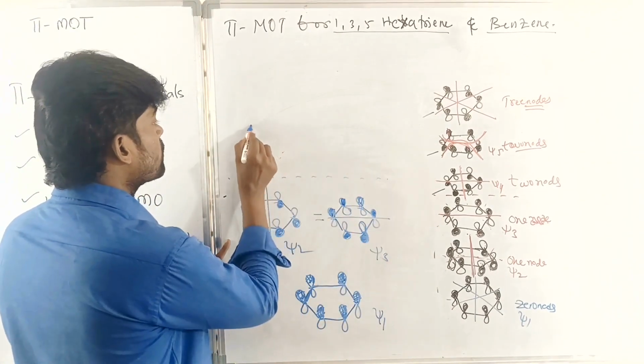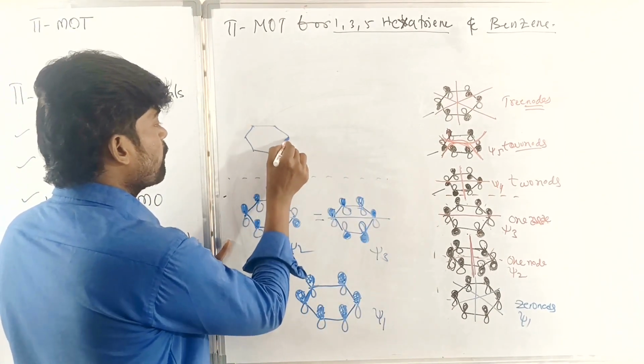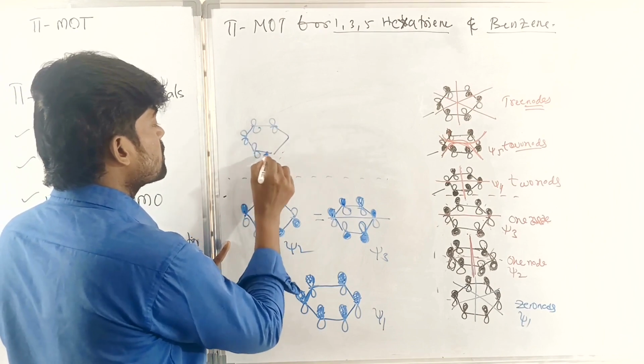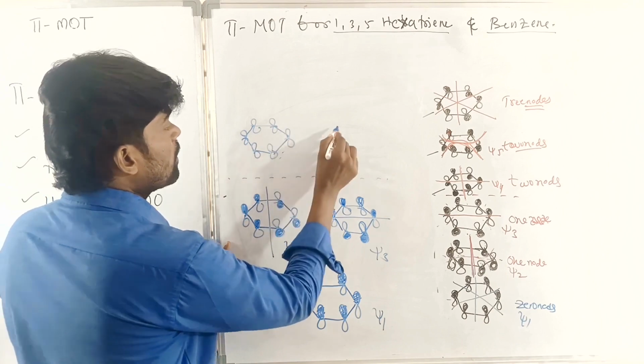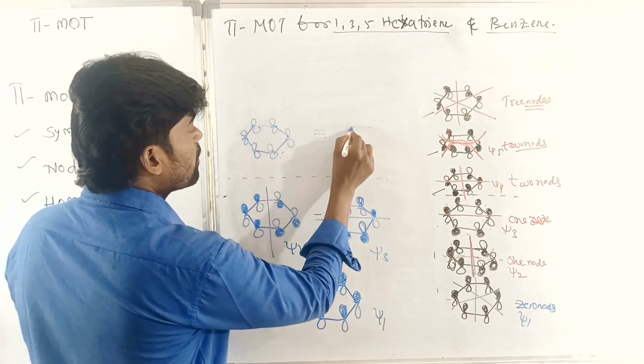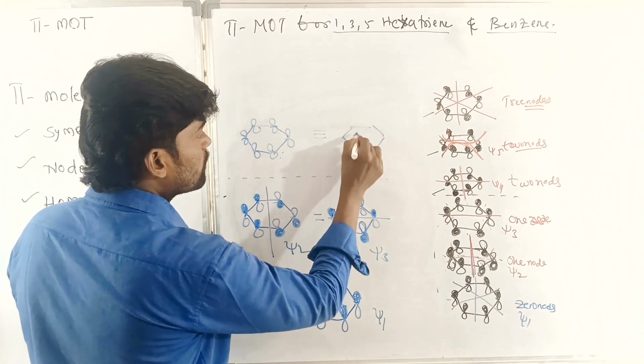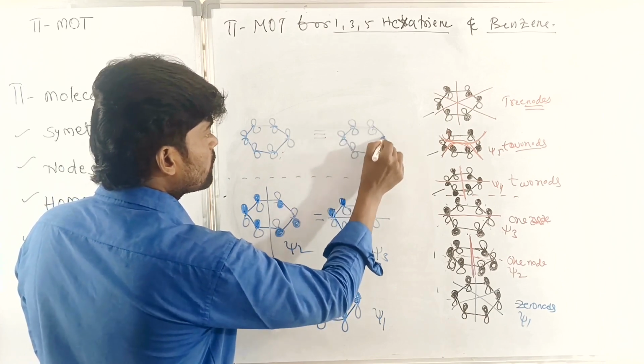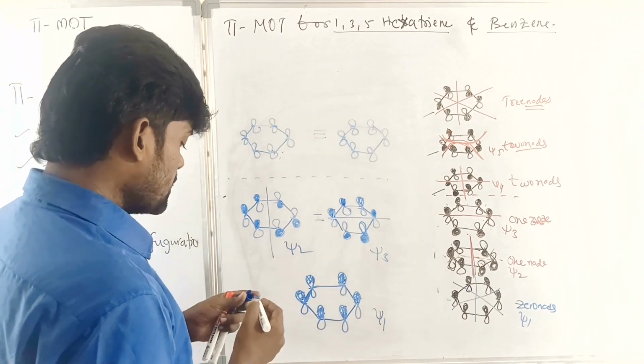Psi 4 can be separated with two respective nodal planes, and psi 5 also.